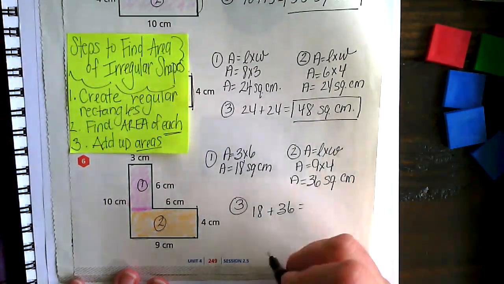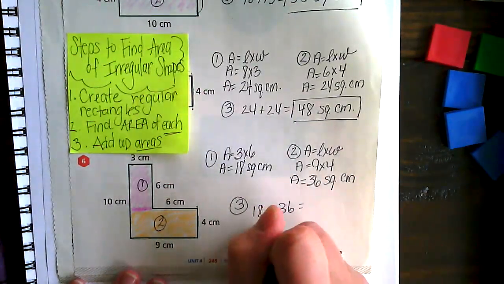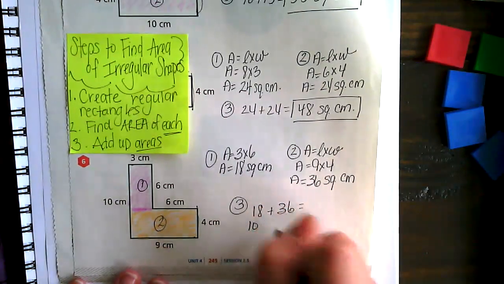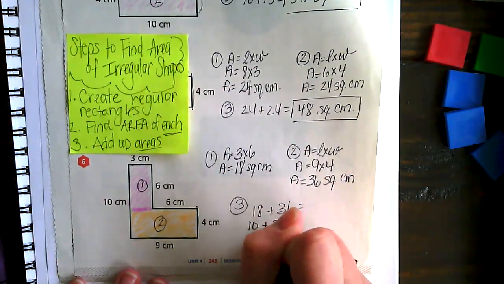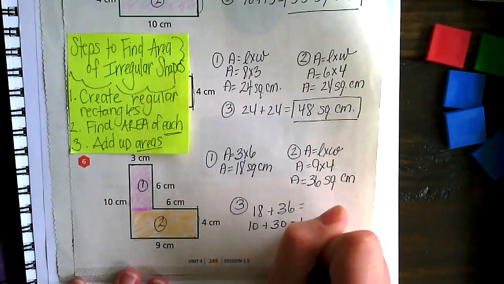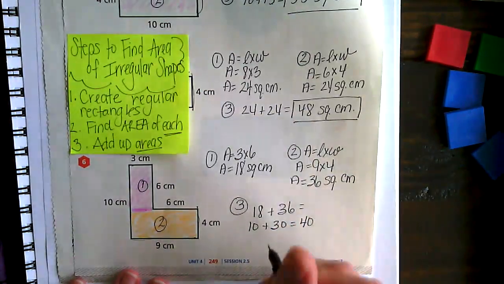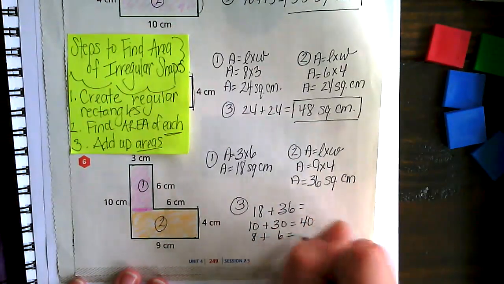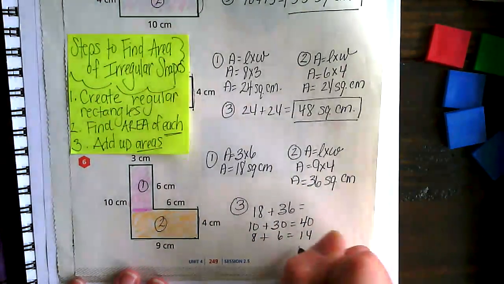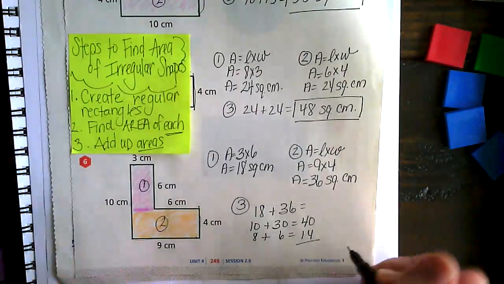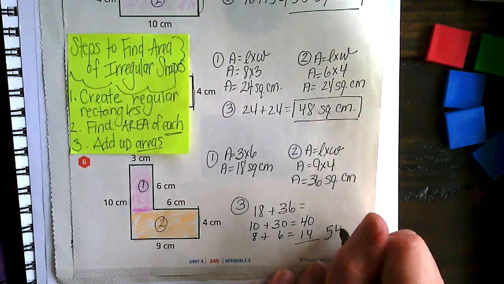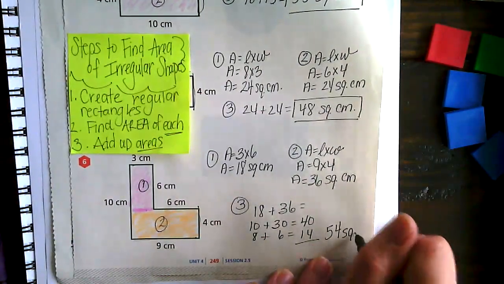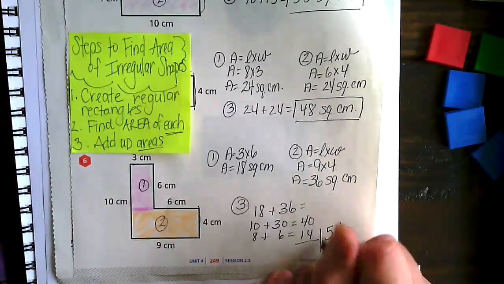Okay, let's add it up. That's really 10 plus 30, 40, and then we have 8 plus 6, which is 14, making our grand total 54 square centimeters.